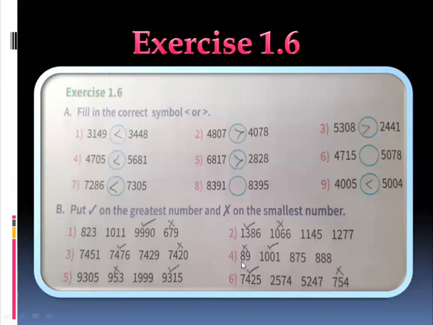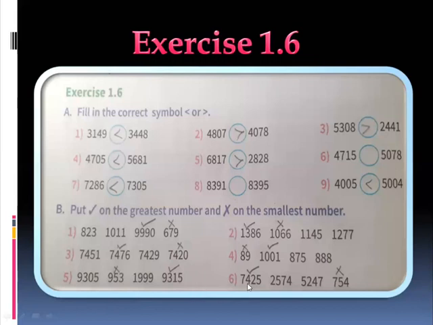Okay, next fourth one, 89, 1001, 875, 888. Here 1001 is the greatest number, 89 is the smallest number. Next fifth one, 9,305, 953, 1,999, 9,350. In these numbers, 9,350 is the greatest number and 953 is the smallest number.